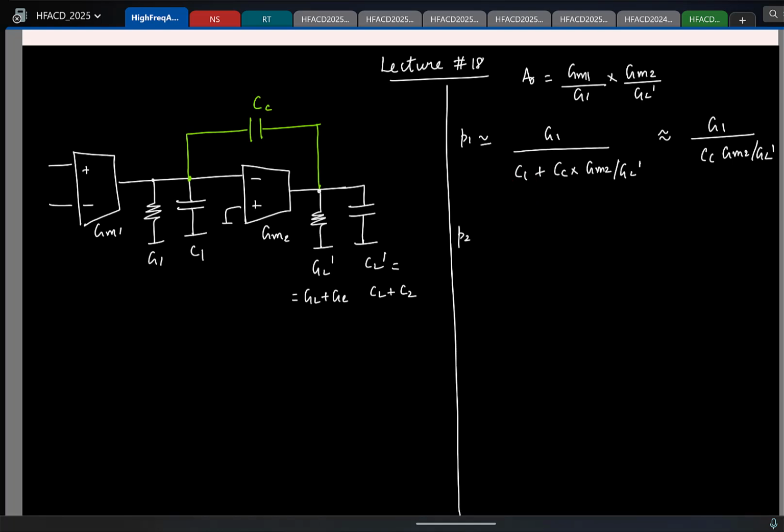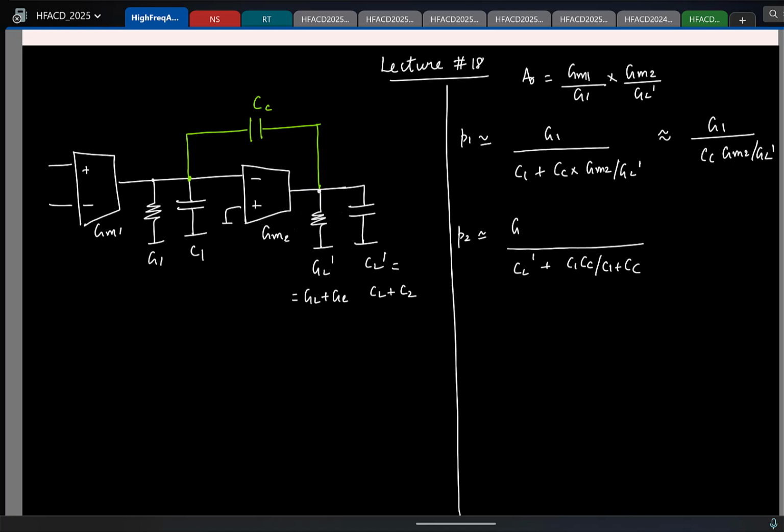What about the high frequency pole? First, again, tell me the capacitance. Here I have CL prime in parallel with the series combination of these two capacitors. So you have CL prime plus C1 CC by C1 plus CC. And what about the total conductance here? I have GL prime.